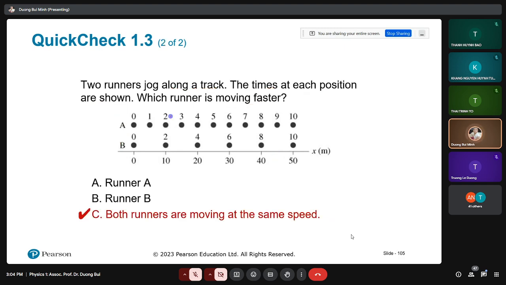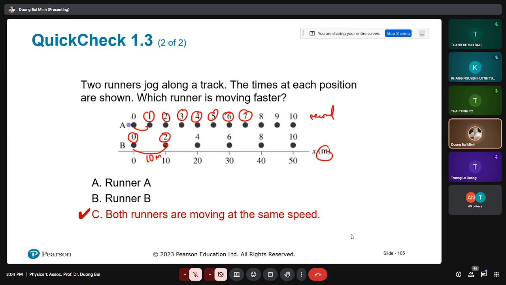Okay, so the answer is C. Why? Because 0 second, 1 second, 2 seconds, 3 seconds, 4 seconds, 5 seconds, 6 seconds. This is the unit of time. From 0 to 2 seconds, they move 10 meters, right?